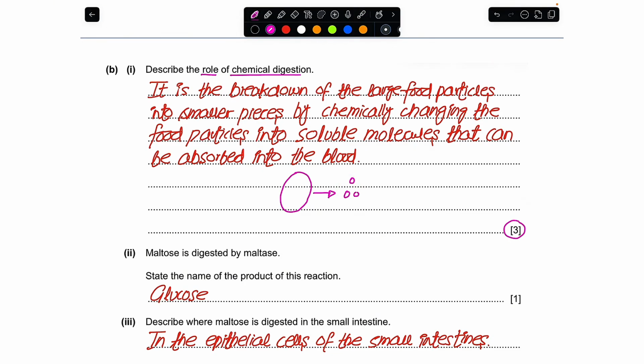After they have been chemically changed into smaller particles, for scoring the last mark we say that they become small enough to be absorbed into the blood. So the first mark is the breakdown of the large food particles into small pieces. The second point is that in doing so, the food particles are chemically changed. And the third point is that they become soluble molecules, so we can take them into the blood.